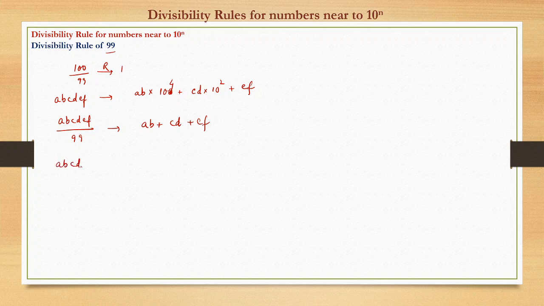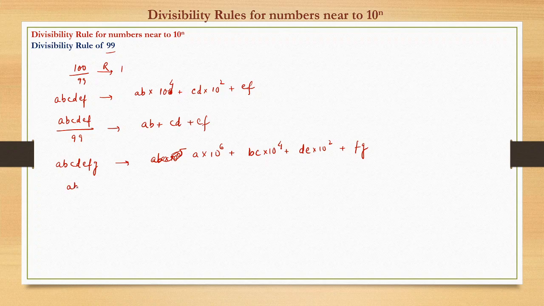Had the number been abcdefg, then we would take a into 10 raised to power 6 plus bc into 10 raised to power 4 plus de into 10 raised to power 2 plus fg.